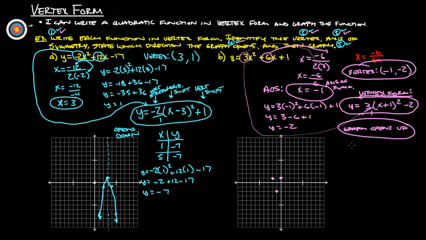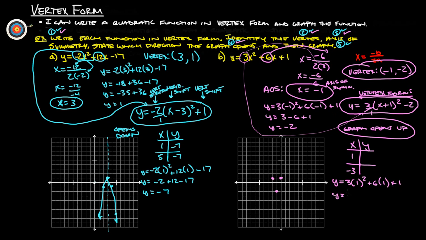And then we want to get 2 more points. So we'll do x and y. And again, remember we only have to calculate it once. So let's see. I would rather put in 1 than negative 3. So we want to do 1 and negative 3, 1 on each side, make our life easy. So I'm going to plug in 1 here to our formula. Y equals 3 times 1 squared plus 6 times 1 plus 1.